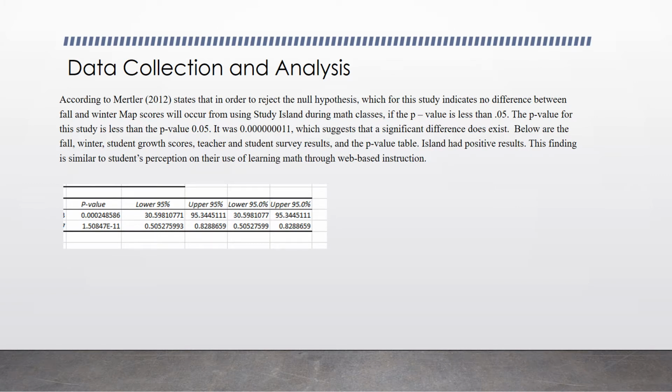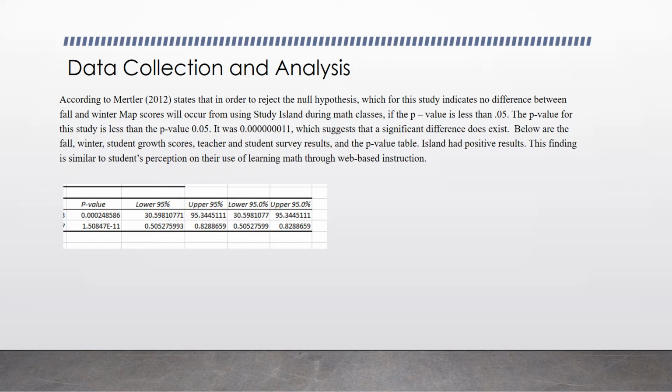Here is again a summary of my data collection and analysis, including my p-value table. My p-value was less than .05, which indicates that this set of data resulted in a very low p-value.